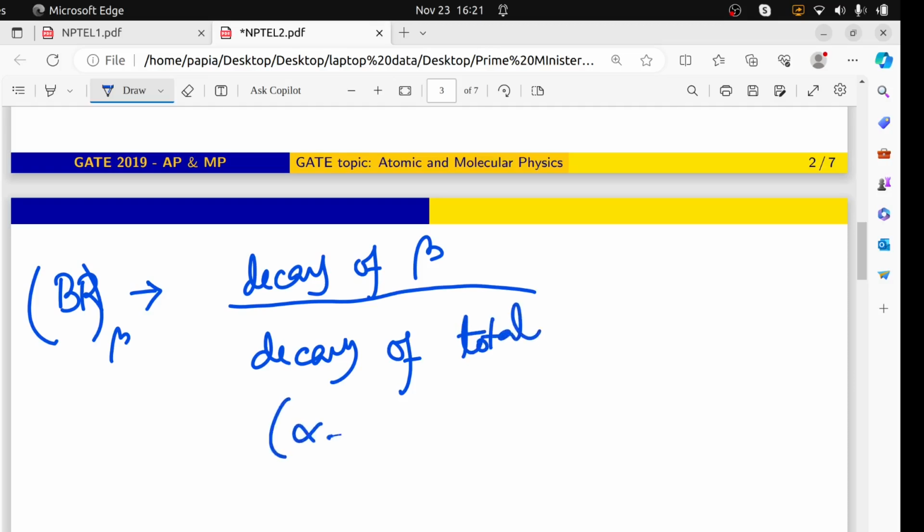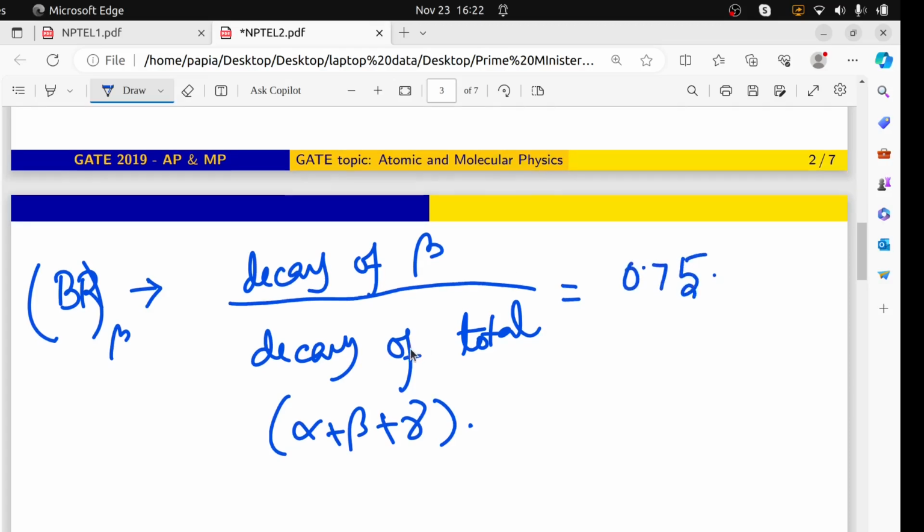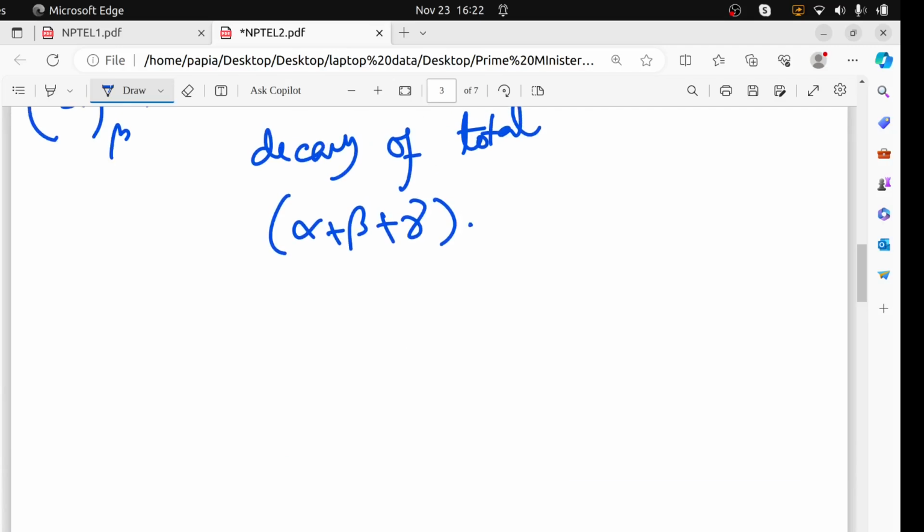Total means alpha plus beta plus gamma. So the decay of beta divided by decay of alpha plus beta plus gamma is given as 0.75 in that question. So what is the meaning of that? The meaning of that is the branching ratio of beta is 0.75.